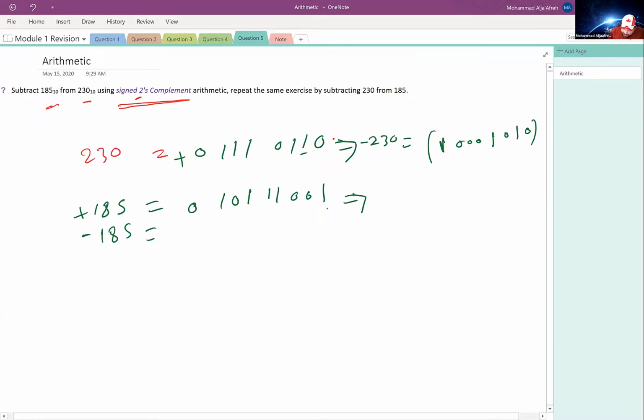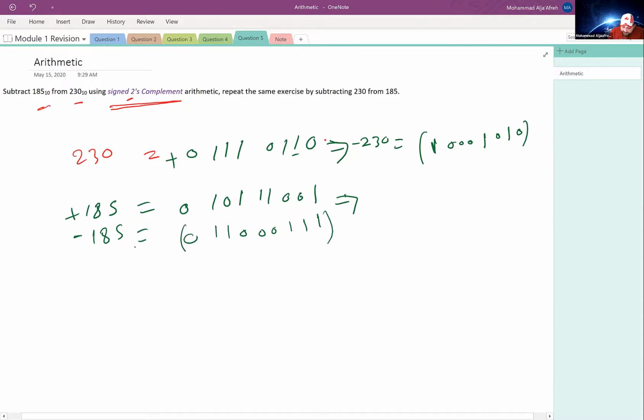So as I did before, keep this one and flip those: 1, 1, 0, 0, then 0, 1, 0, 0, 1, 1, and 0. Okay, so that is the minus 185.